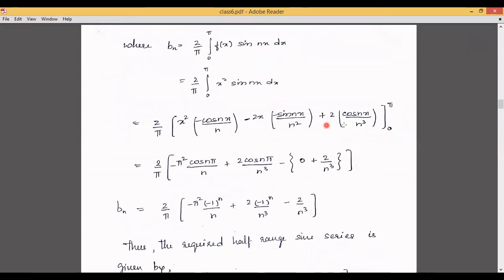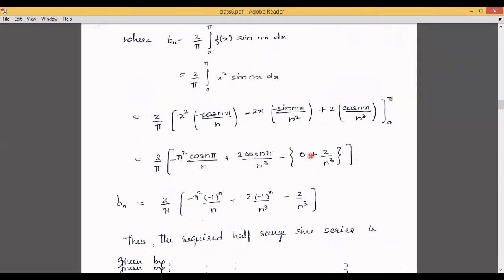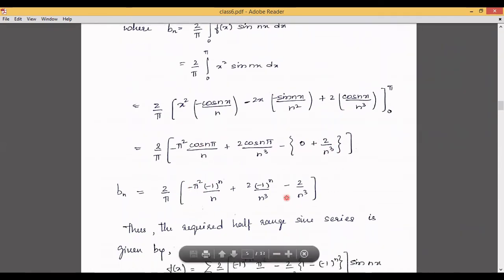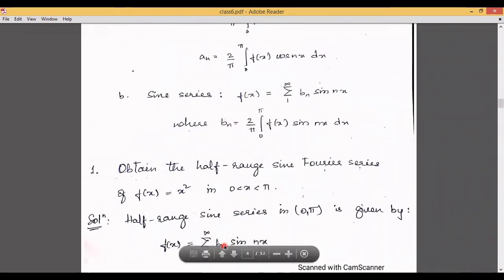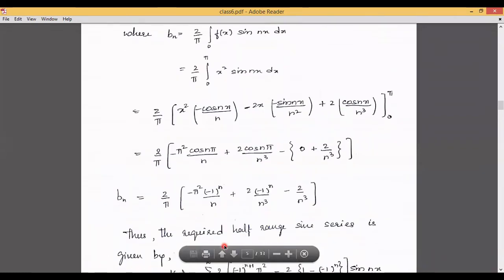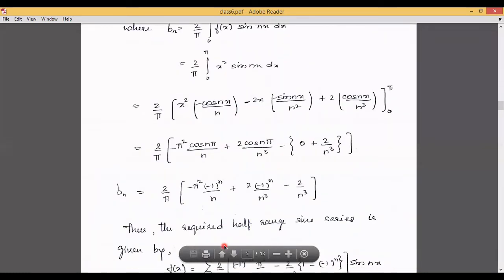Only the first and third term exist, and I have written that here for both limits. After simplifying you'll get this, and at last you will need to substitute the value of bn in this expansion. This is all about half range series. Let's do another problem.